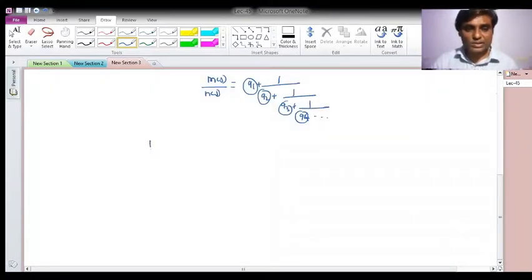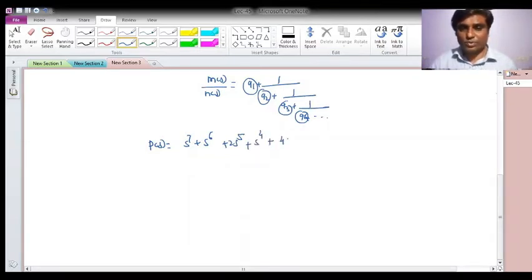The next example: suppose my polynomial p of s is s raised to 7 plus s raised to 6 plus 2s raised to 5 plus s raised to 4 plus 4s cube plus 8s square plus 8s plus 4. From here I will separate the even polynomial and the odd polynomial.